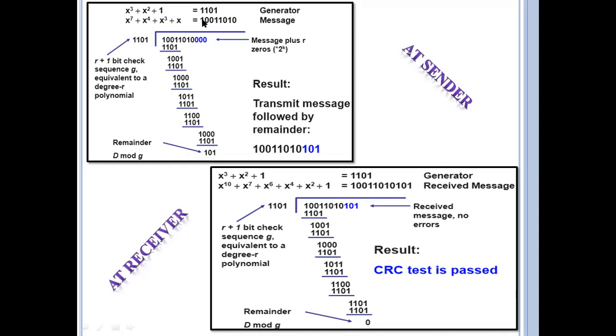This is the polynomial equation for this. This is the division, and 1101 is the divisor, and this one is the coefficient.